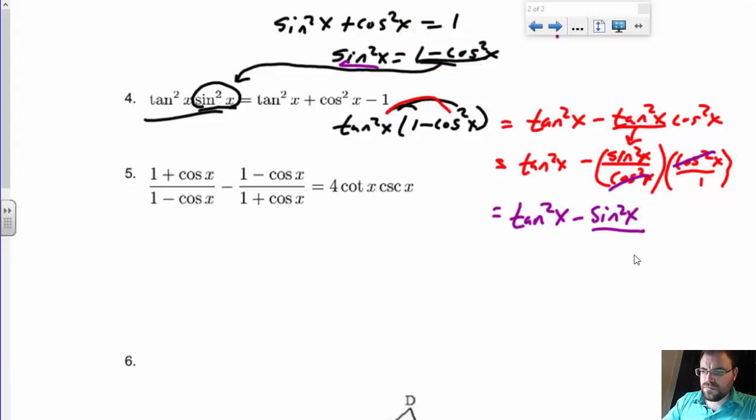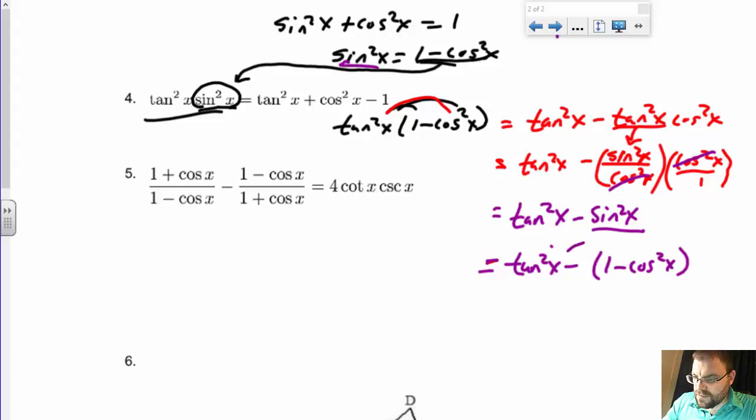Right? So what I'm going to say now is that this is equal to tangent squared x, okay, minus 1 minus cosine squared x. So now I'll distribute the negative in here.